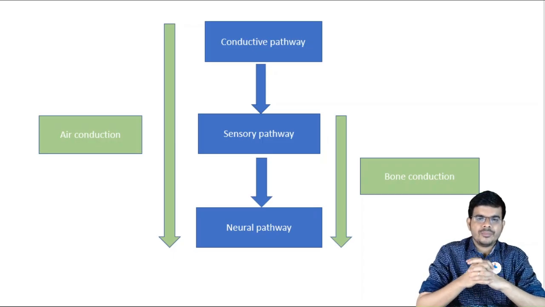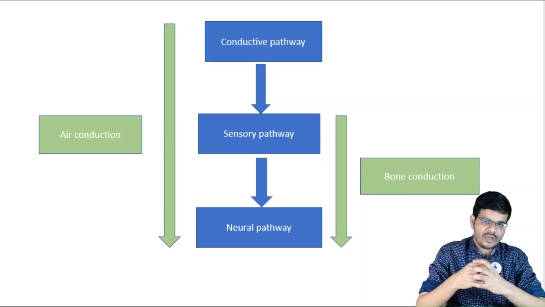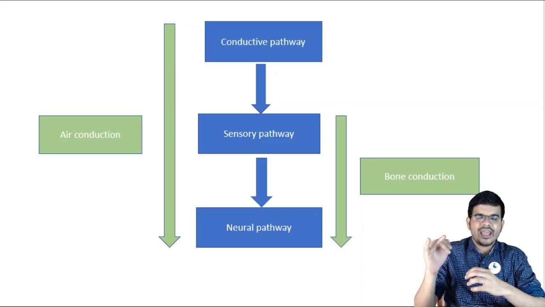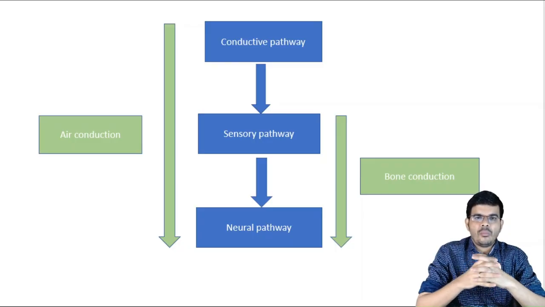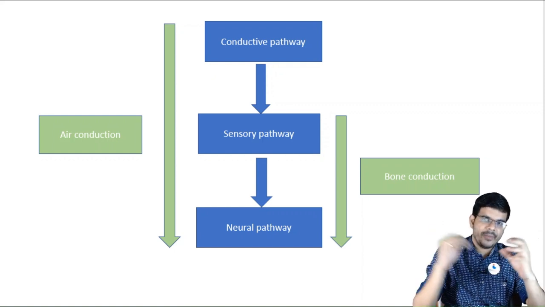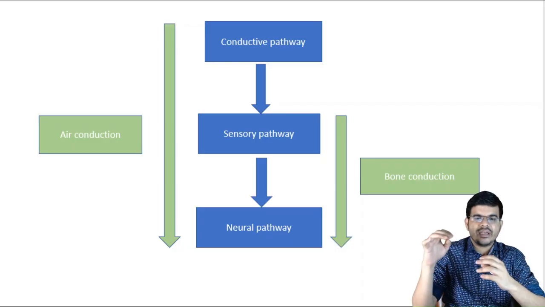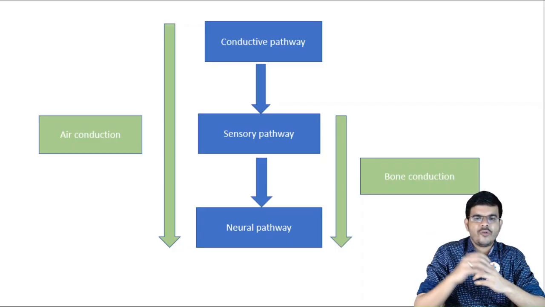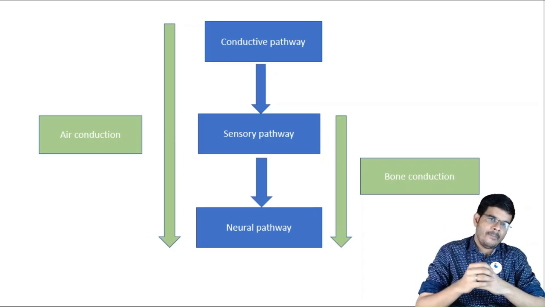Now the sensory plus neural pathway can be assessed by bone conduction, and for air conduction, when you are assessing it, you are assessing all three pathways, that is conductive, sensory as well as neural pathways. Okay, and in the bone conduction pathway there is no transformer action of the middle ear, right? And that is why the air conduction is heard for longer than the bone conduction.